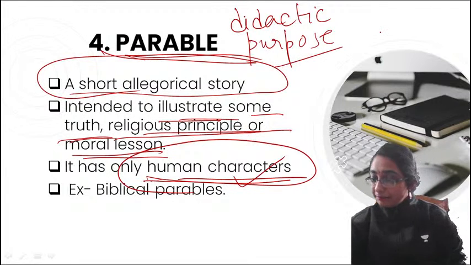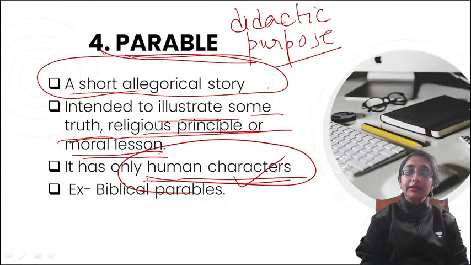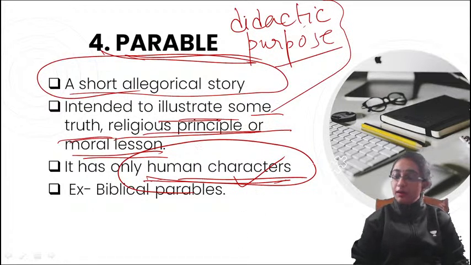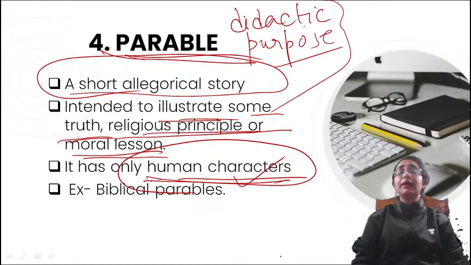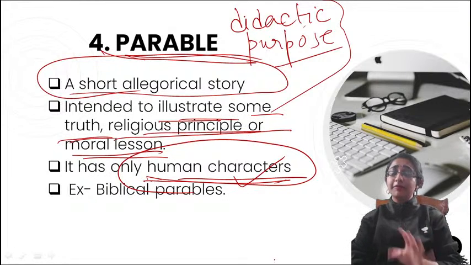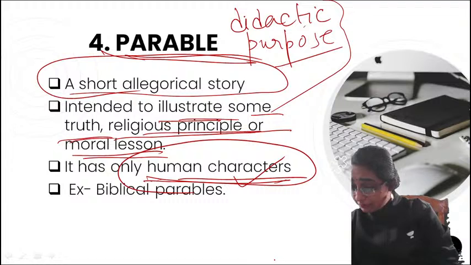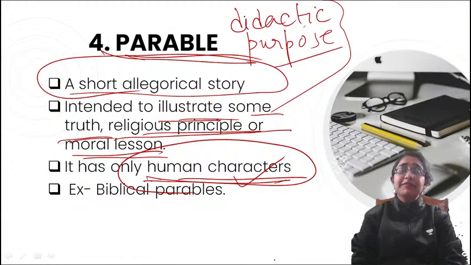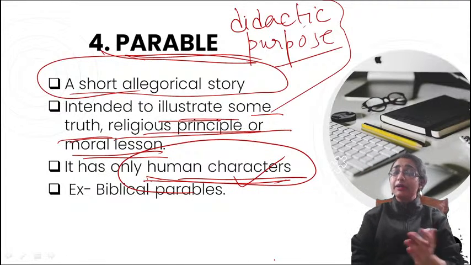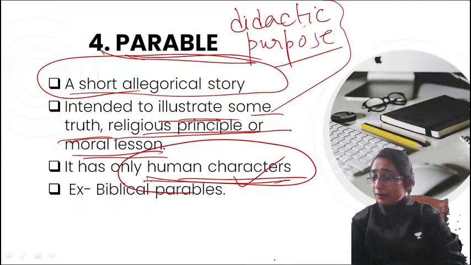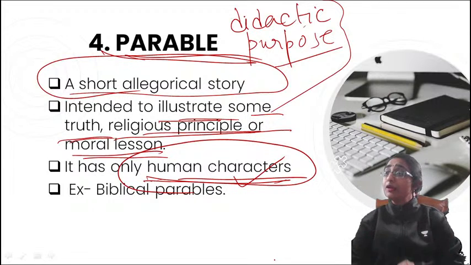So a parable is an allegorical story. No, personification and parable are not the same. Personification means when an object is given some human attributes. For example, if I say that nature is crying, nature is an inanimate thing, it cannot cry, right? But crying is a human emotion.